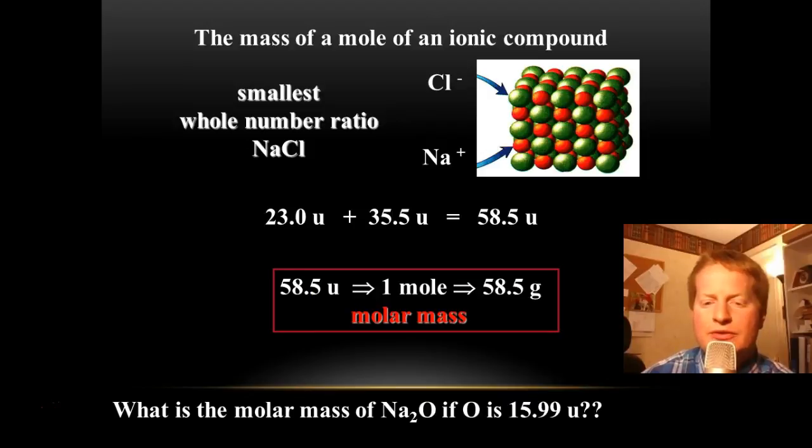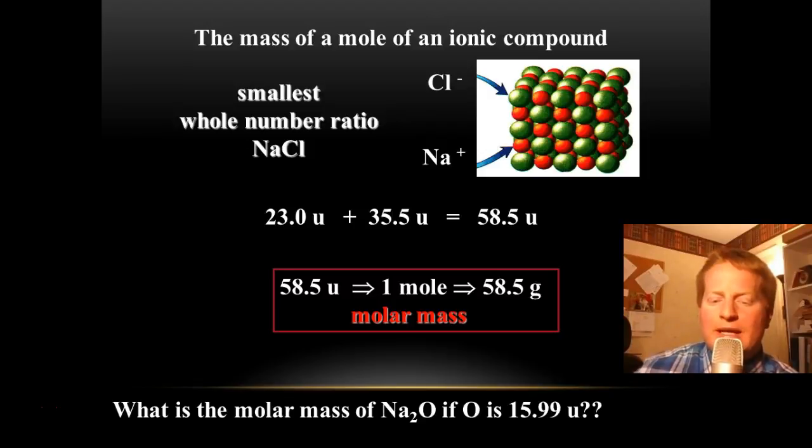But a mole of sodium chloride has a mass of 58.5 grams. Grams, as in we can measure it on a balance, because in a mole there are so many particles that we can actually measure them on the chemical balance. So we literally take the same number off the periodic table that we use for the atomic mass, and we just make it grams, essentially.